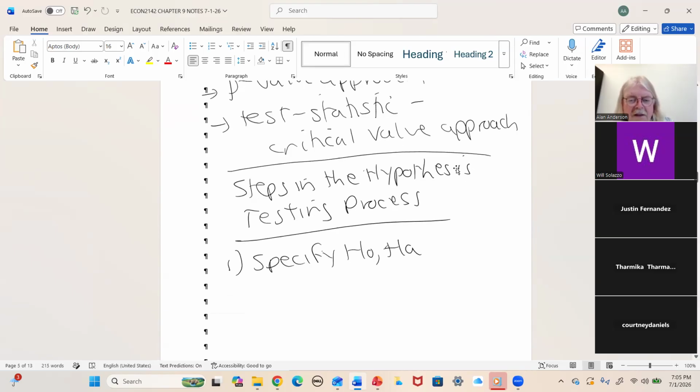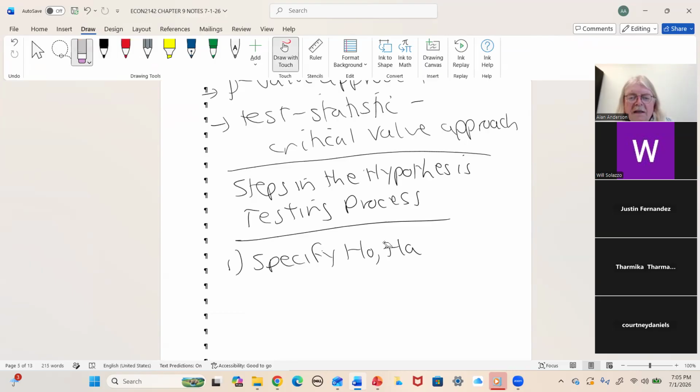That is part of the problem. They have to give you the information so that you can tell what we're trying to test. You can't be left guessing. Now, number two, you're going to specify something called the level of significance.